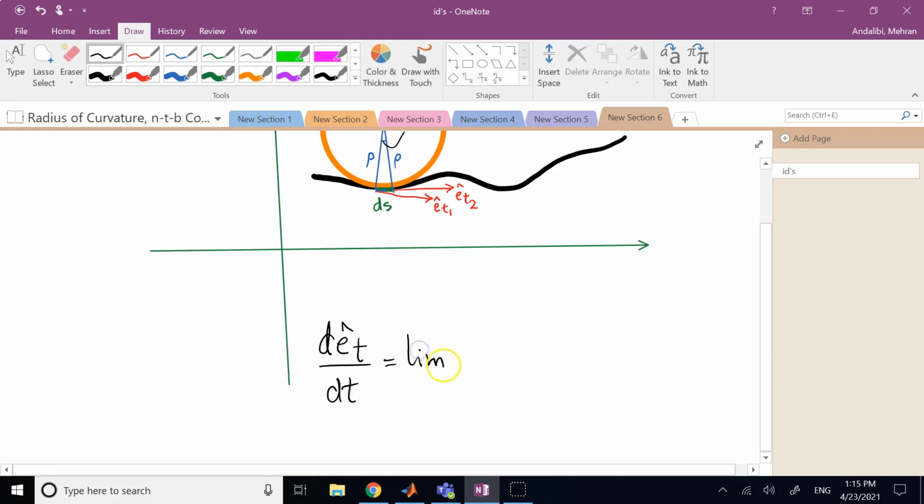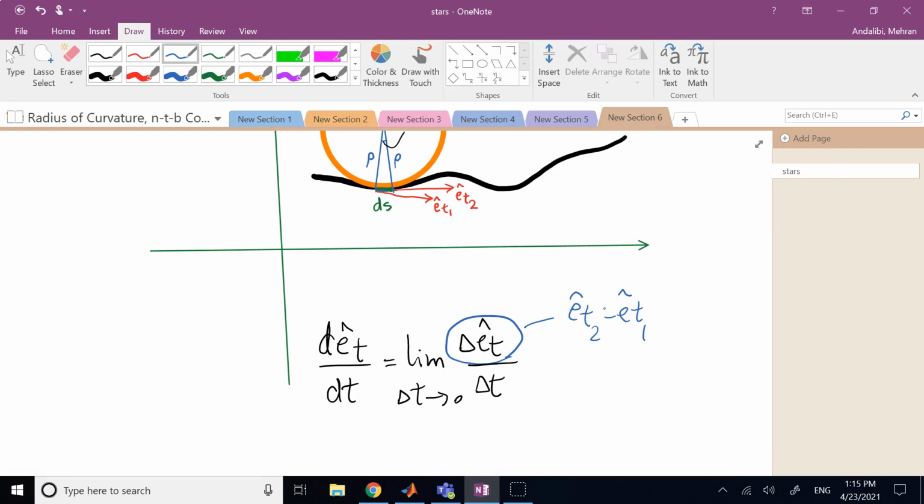The limit of delta ET over delta t, correct, when delta t goes to 0. And what I want to focus on right now is this numerator, delta ET, which is basically ET number 2 minus ET number 1. I want to look at this difference, look at the magnitude of this delta ET and the direction of it, and try to replace it back into this formula.